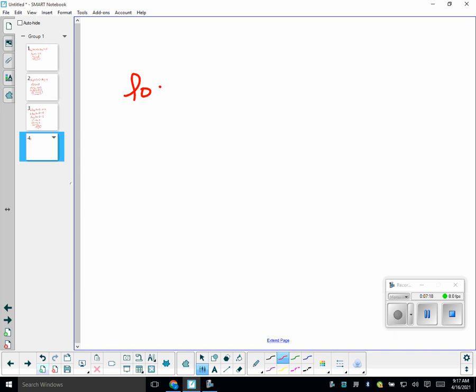All right. Log base 6 of 7x minus 2 equals 1 plus log base 6 of x plus 5.